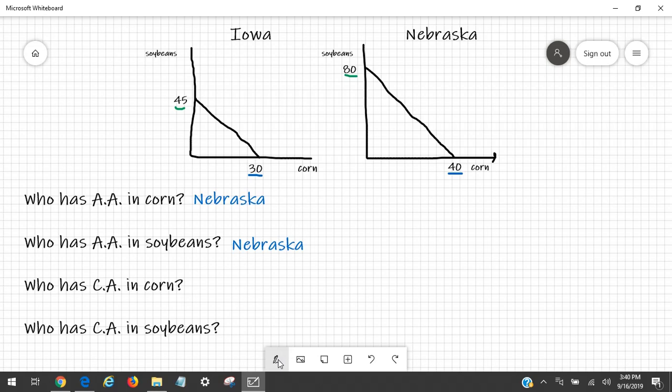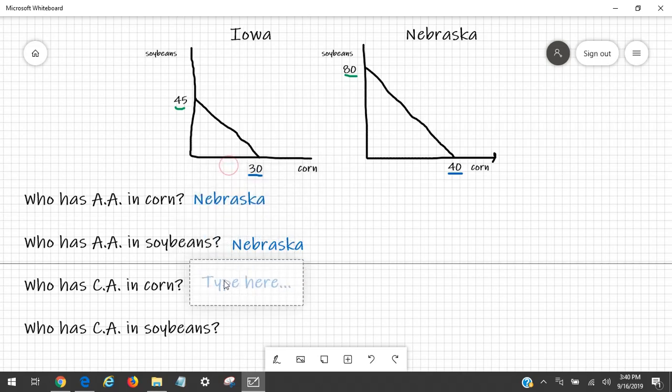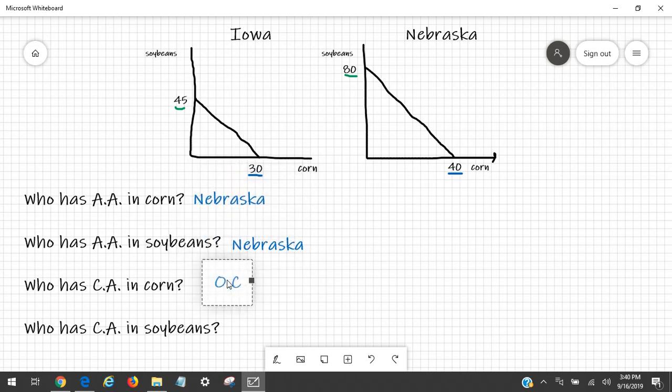So whenever you do an opportunity cost calculation, the opposite good is going to be on top. So it's going to look like this. I want to calculate the opportunity cost of corn for Iowa, or Iowa's opportunity cost of corn might have been a better way to say it.